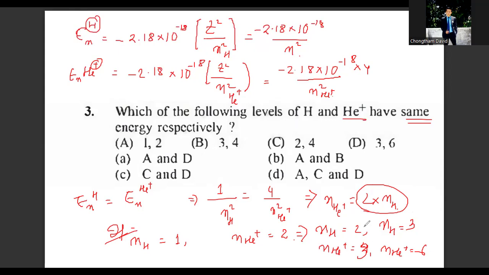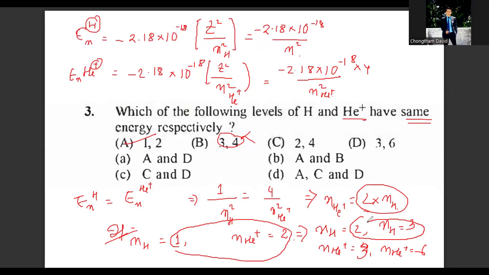So now you have these values respectively. We can conclude that 1 and 2 are correct, so option A is correct, and 3 and 4 are not correct because you can relate this. Option A is correct.